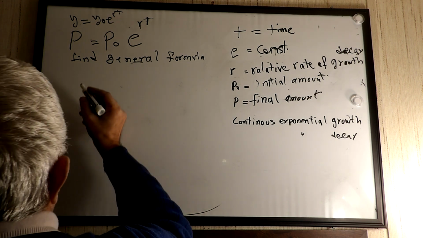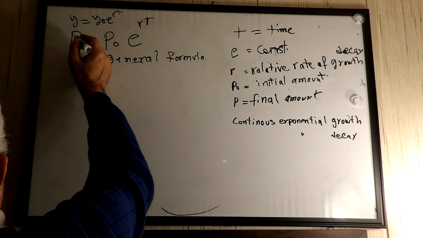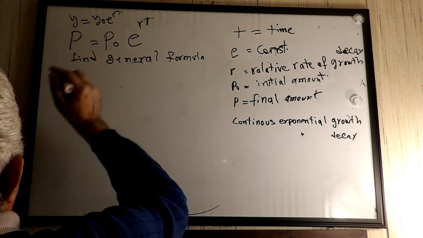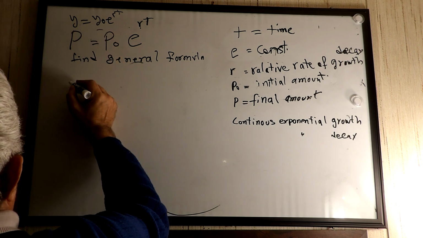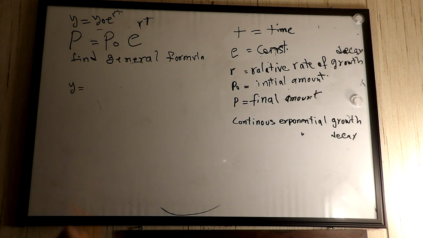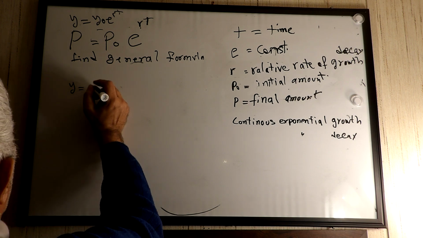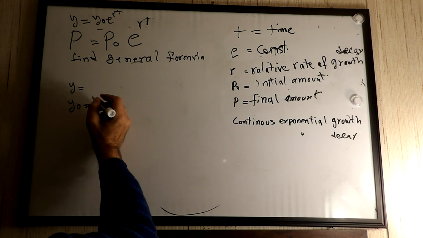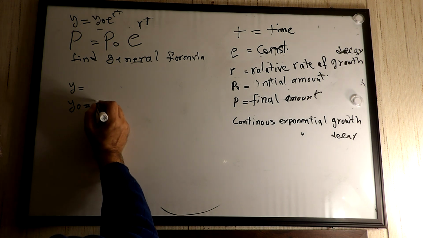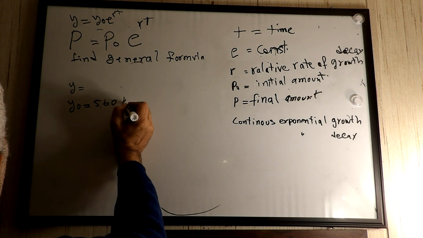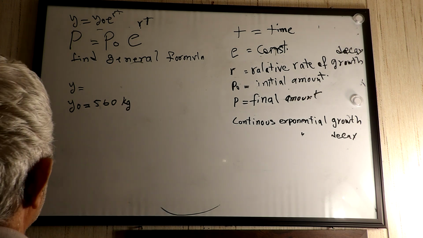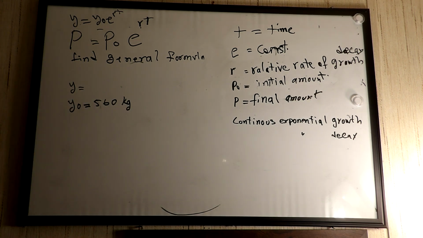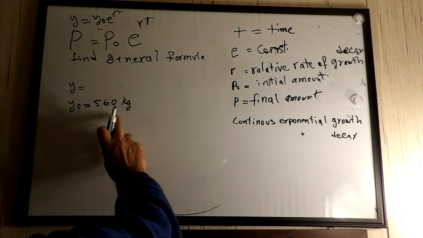This time we're going to use y, you know, in some places they use y. Suppose y0 is going to be equal to 560 kilograms or pounds. You know, these are the units of weight.